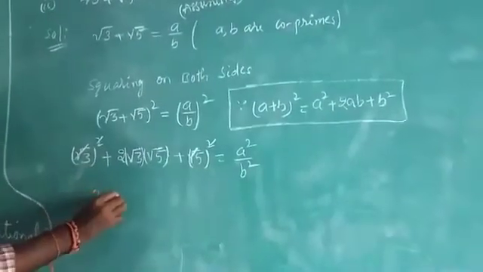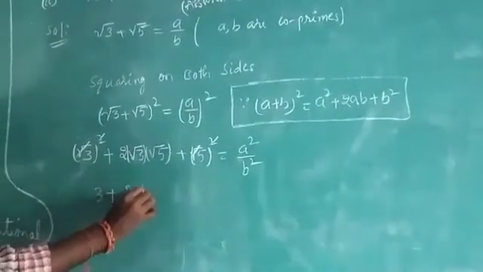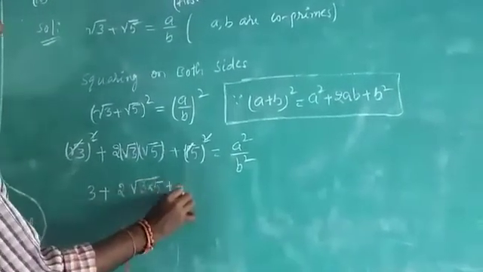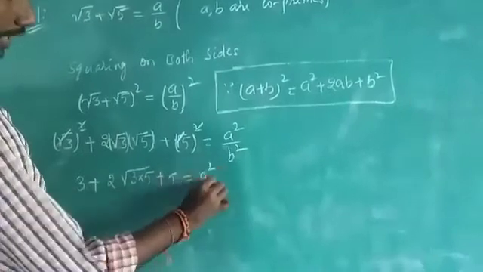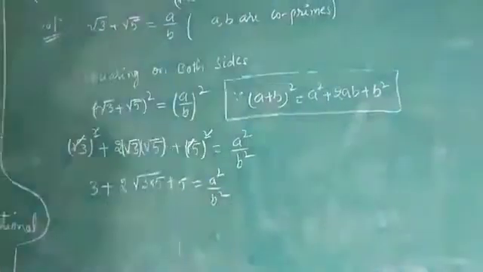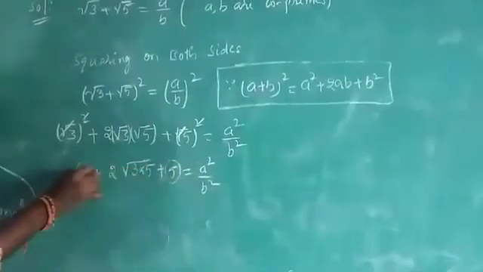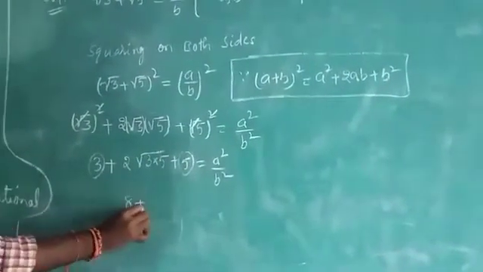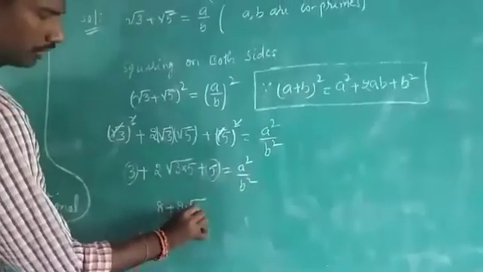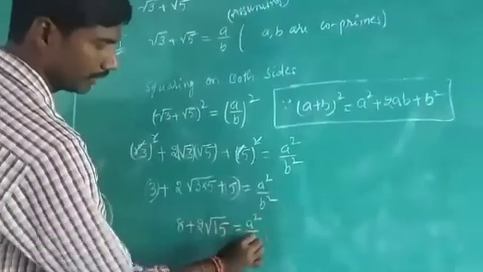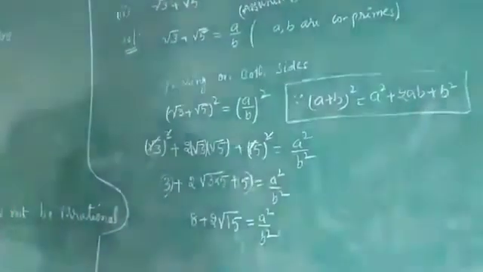Here it is 3 + 2 root(3 into 5) + 5 = a^2/b^2. Then add 3 + 5 = 8, plus 2 root 3 times 5 which is 15, equals a^2/b^2.